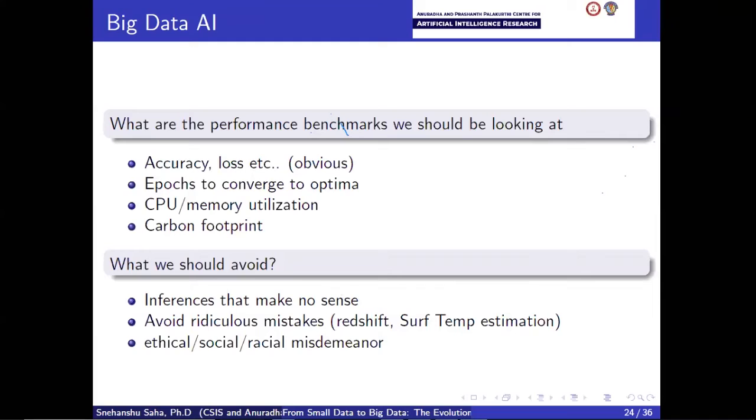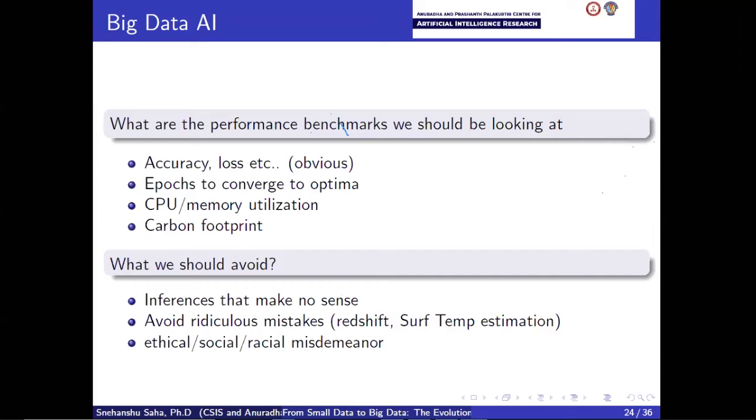The other benchmarks you should look at when you run your algorithm: what is your memory and CPU utilization? Are you really utilizing almost 100% of all the resources that were given to you? Because if you are doing that, I don't think that's the right way to do it. And also figure out how much carbon footprint is being caused by the method that you have just developed.